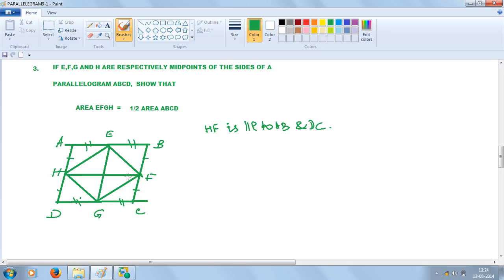So the distance between these two lines is the same. Therefore HF is parallel to AB and DC. So the distance between these two lines, AB and HF, are the same.